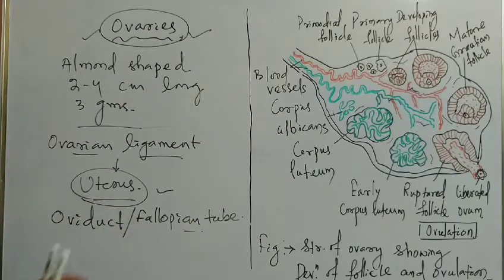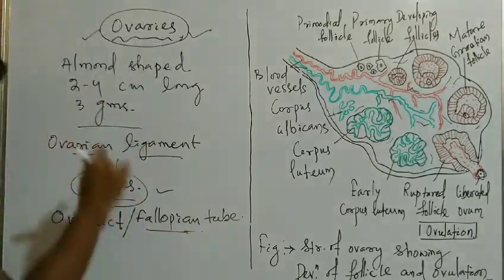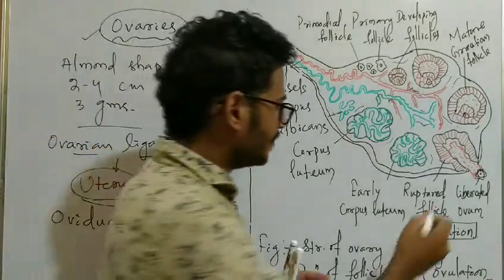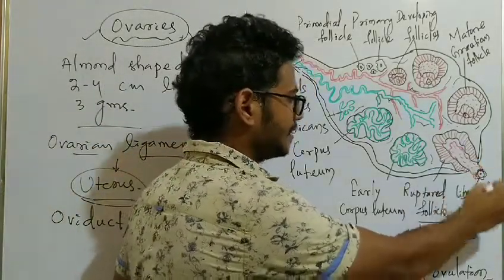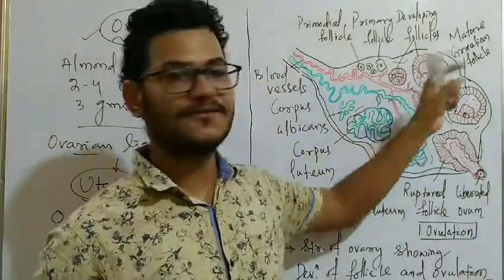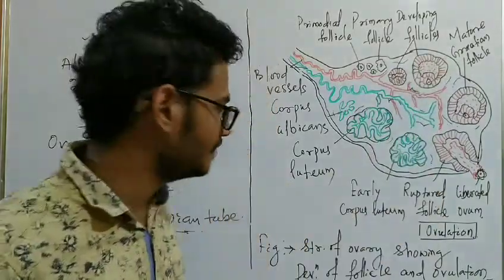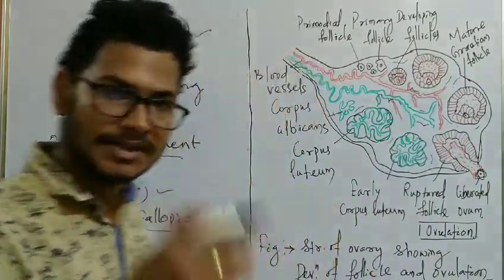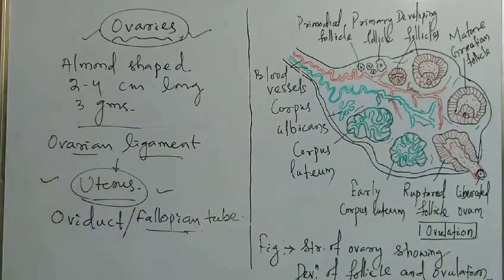The oviducts, or fallopian tubes, are the tubes through which the mature ovum, after coming out from the mature Graafian follicle, is transported to the uterus.